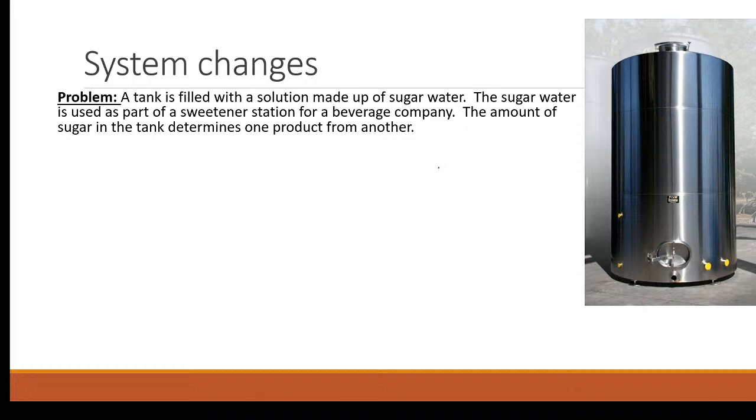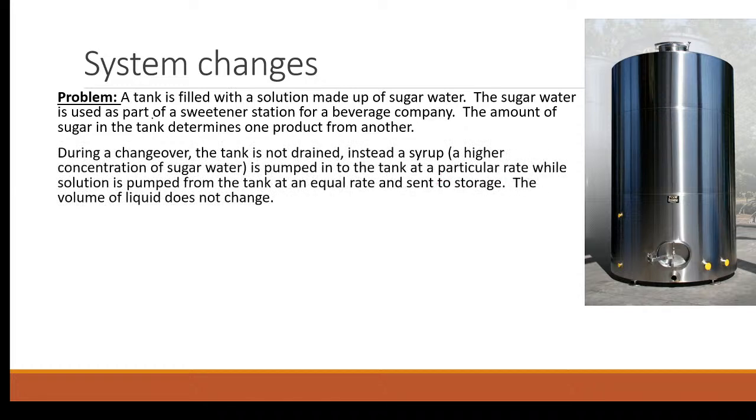So you got this tank that is basically the only fill station to make some sort of soda. They change the amount of sugar in the tank, and depending on the sugar level, they call it substance A or substance B or C or D, depending on the level of sugar required.